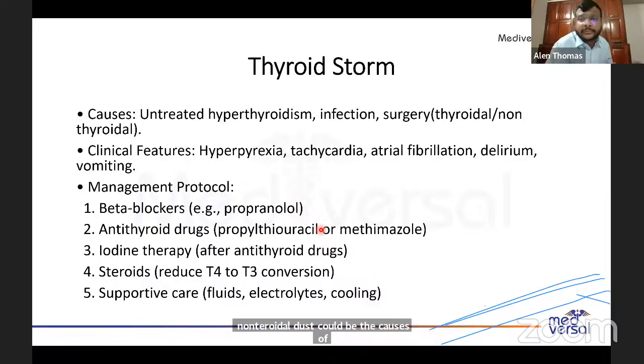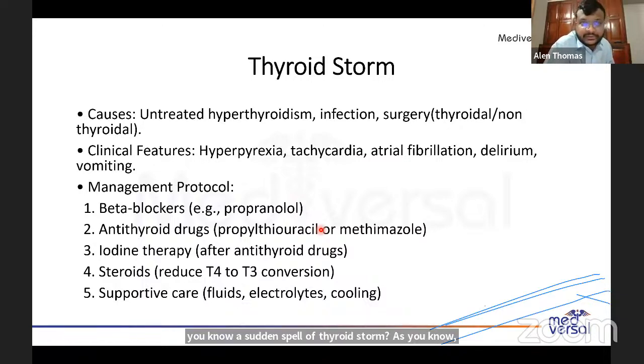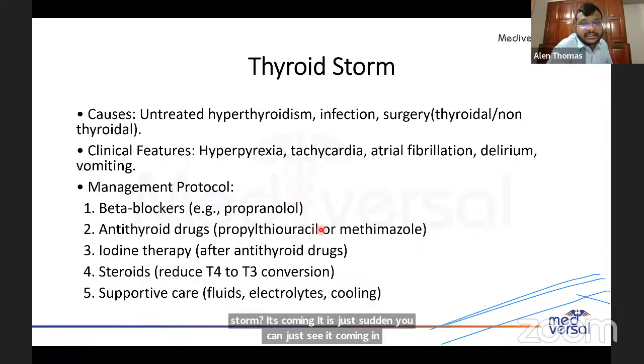As you know, a storm usually does not tell it's coming. It's just sudden. Like that, in thyroid storm you have hyperpyrexia, tachycardia, atrial fibrillation, delirium, or even vomiting. Of course, what is the management protocol? Beta blockers, antithyroid drugs, iodine therapy after the antithyroid drugs. That is very important.